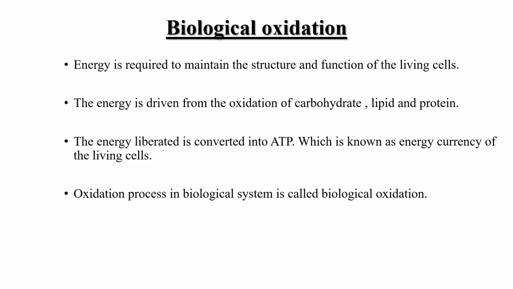And the energy liberated is converted into ATP, which is known as the energy currency of the living cell. This oxidation process in the living cell is called biological oxidation. So what is the definition? Oxidation process in a biological system is called biological oxidation.